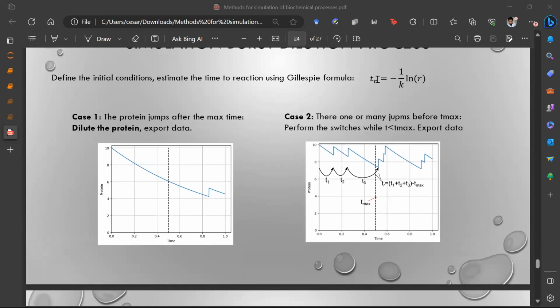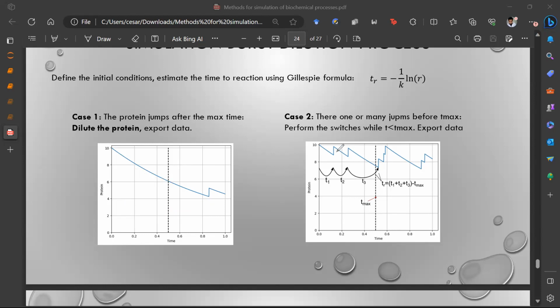Okay, so we simulate the time to reaction with a simple Gillespie formula, an exponential variable with the rate k, and we check our next time to reaction. In the first case, the next time to reaction is bigger than my exporting time, so I have to dilute the protein until this point and export this value of protein.